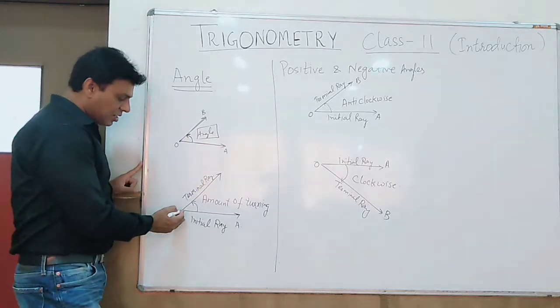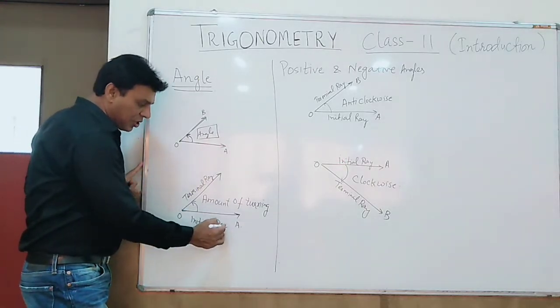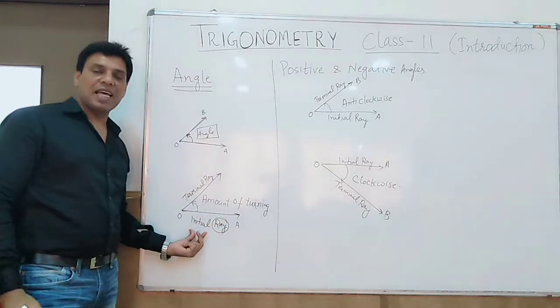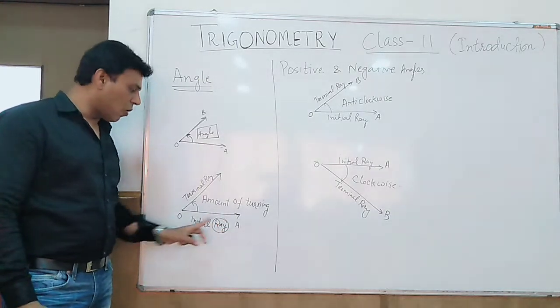How can we define it? Suppose this is the initial position of a ray, the initial ray OA.